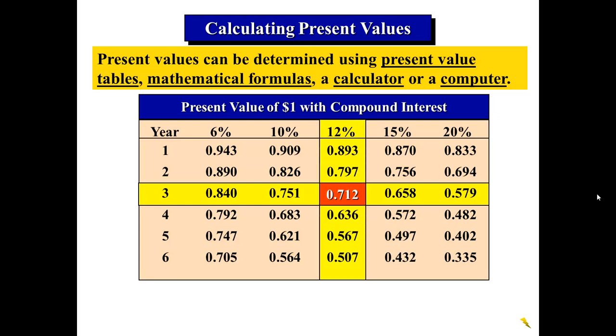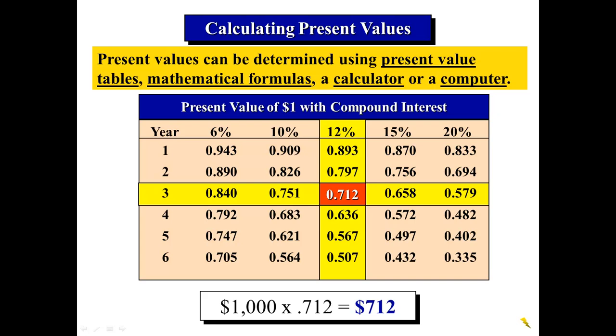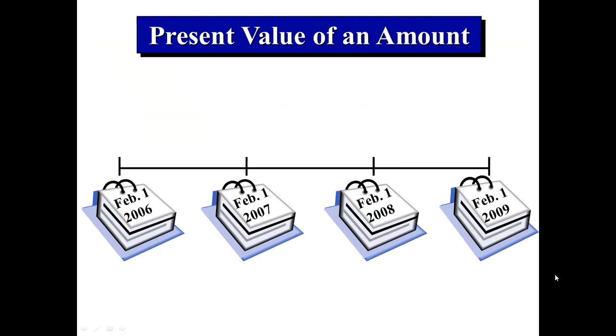And the correct table value is 0.712. And when I multiply that 0.712 times 1,000, I'll get that $1,000, 3 years out in the future at 12% interest, discounted back for 3 years, is worth now $712.